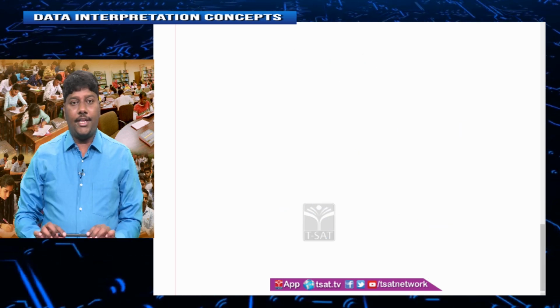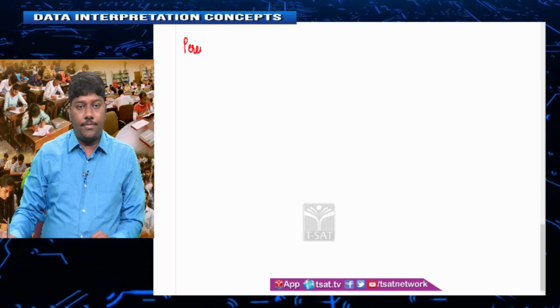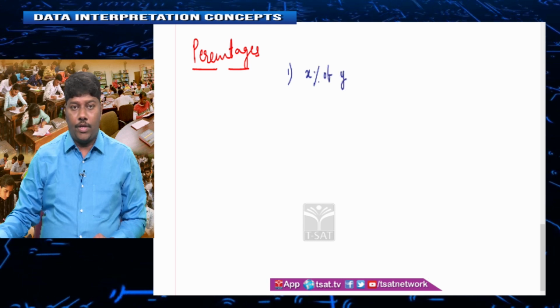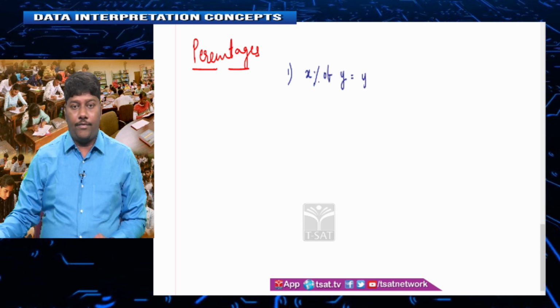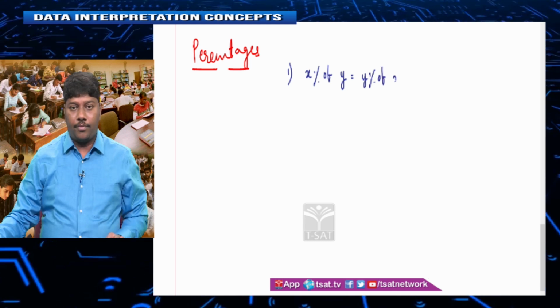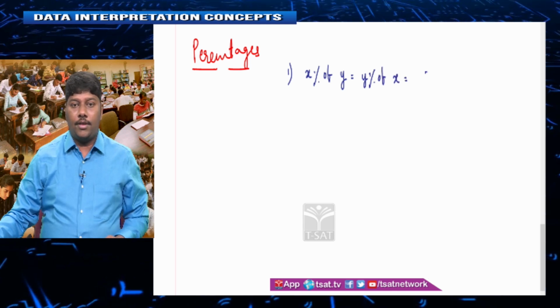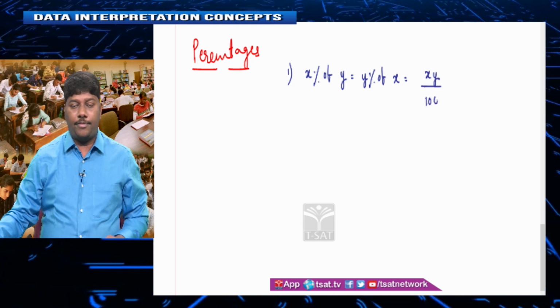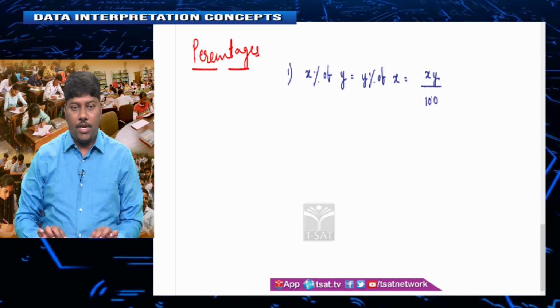Now, how are percentages useful in this? Look at the percentages. What are the basic formulas in percentages? X% of Y or Y% of X is always X into Y by 100. In percentages, always remember order does not matter.